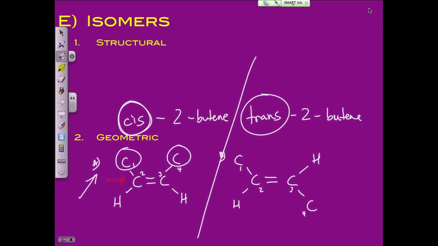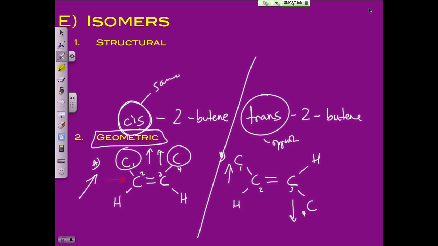Trans formation. On opposite ends, by definition, opposite the double bond. So cis means the same, up on top of the double bond. This one means one is up, one is down. So cis or trans geometric isomers, just by definition, is that.